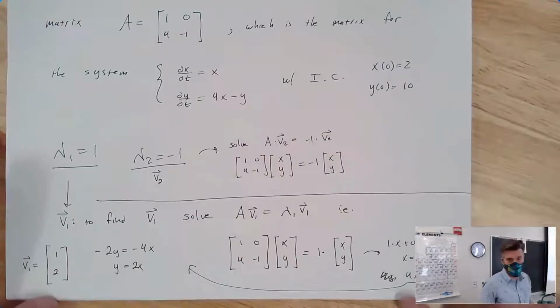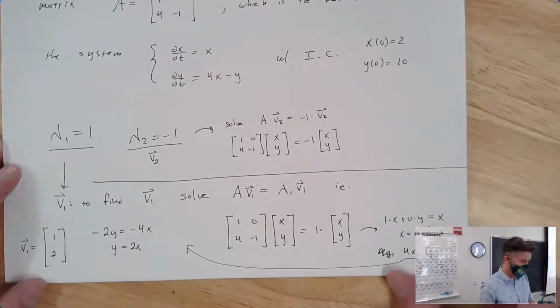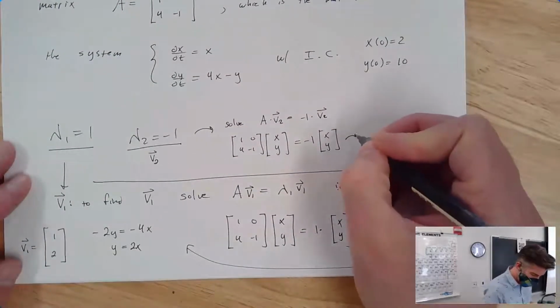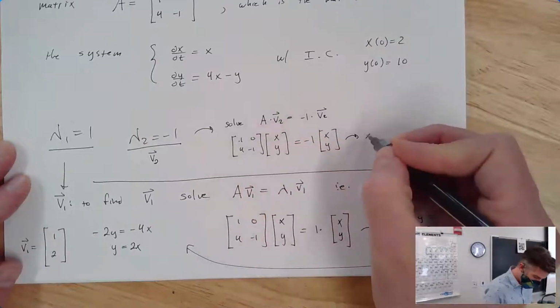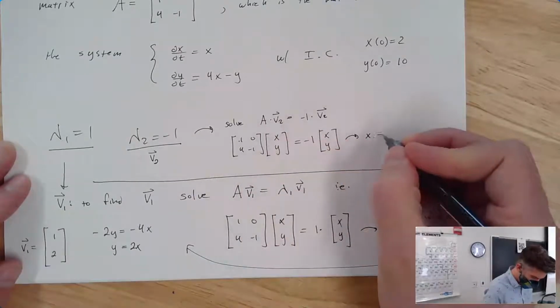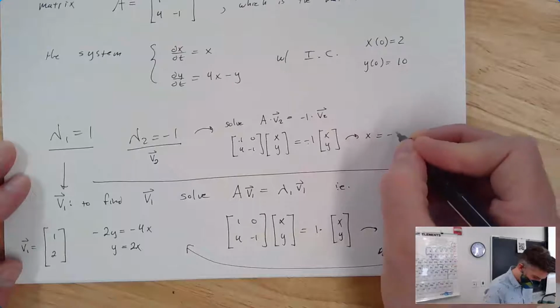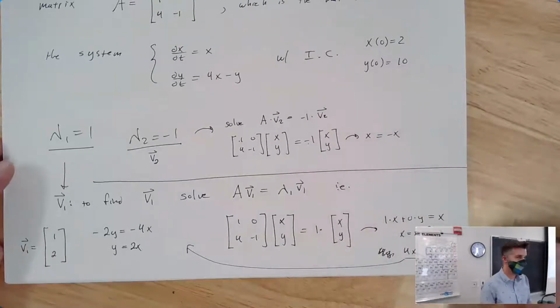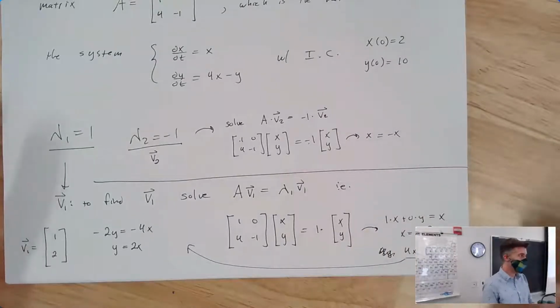And here we actually get a lot from the first row. The equation from the first row is 1 times x plus 0 times y equals -1 times x. And if x equals -x, there's only one thing x can be.